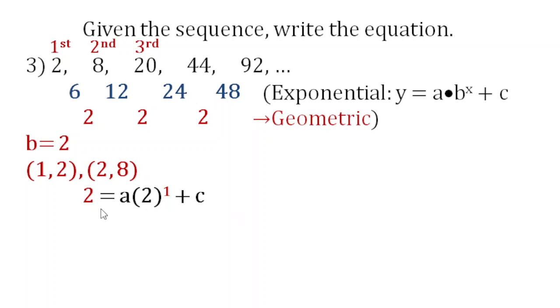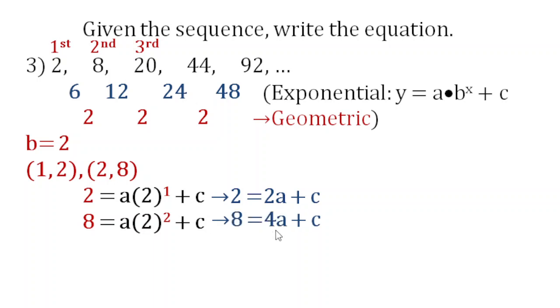And if we are going to simplify this, 2 equals a times 2 to the power of 1 plus c, our equation is 2 equals 2a plus c. Then using 2, 8, this y is 8, this x is 2, we have 8 equals a times 2 squared plus c. And simplifying this, we have 8 equals 4a plus c.